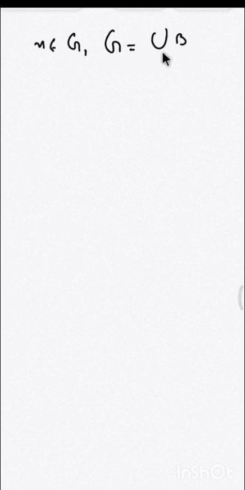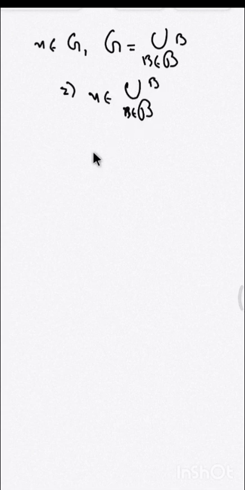So x belongs to G and G is equal to union of B, B in script B, which implies x automatically belongs to this union. That means x should belong to B for some B in script B. Then only it belongs to their union.